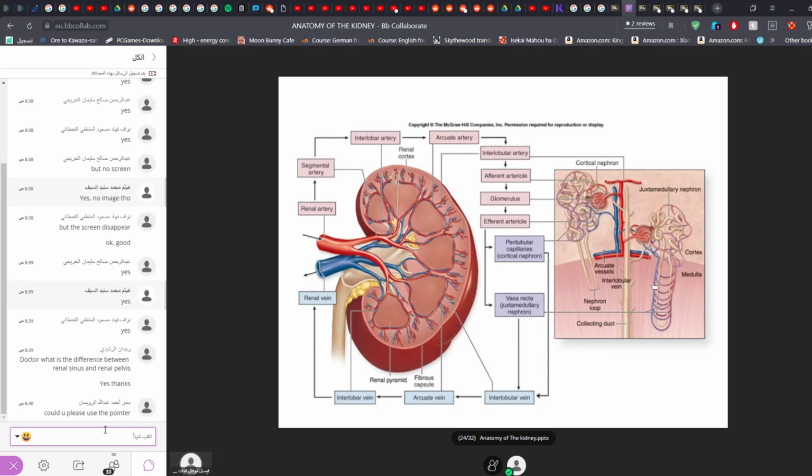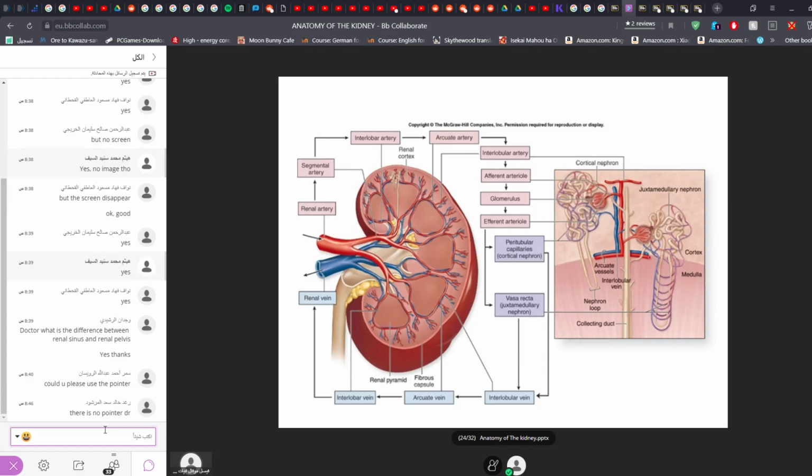Straight arteries, then straight veins. And then they come out as arcuate veins, then interlobular veins, then interlobar veins, can you see? And the interlobar veins combine to form the renal vein. So the venous drainage occurs over here.